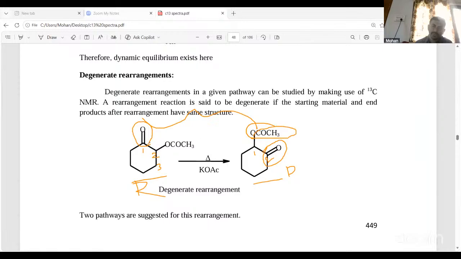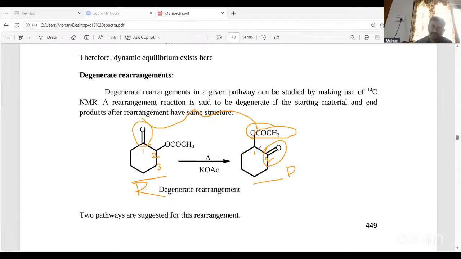Earlier, on C1 carbon, the CO group is there. But after the rearrangement, on C1 carbon there is an ester, and C1 carbon is ketone before.